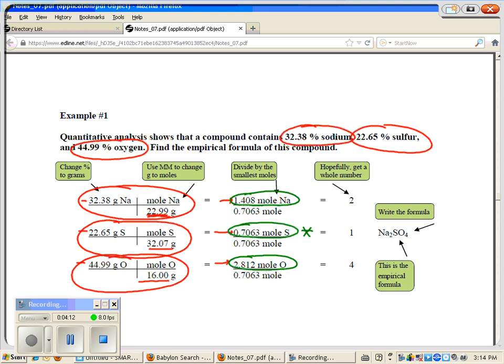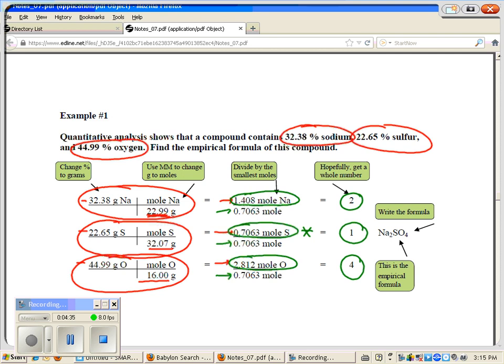If you'll notice here, I said 1.408 divided by 0.7063, and I get the answer of 2. Do the same thing here, I get the answer of 1. Divide by the smallest here, I get the answer of 4. Notice that they are whole numbers.